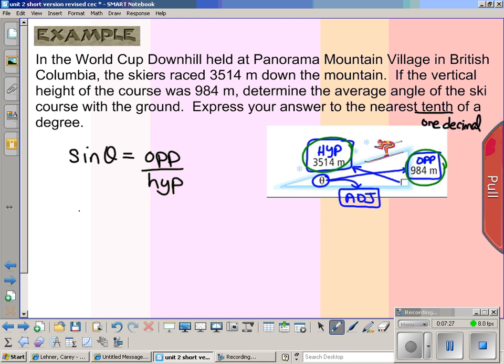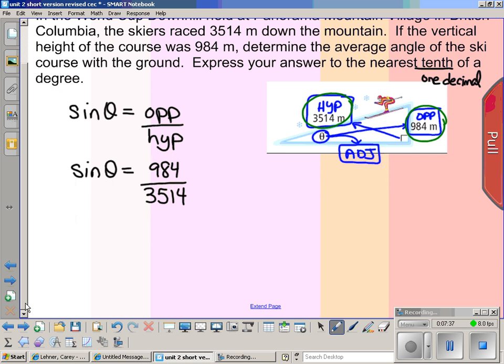So now we can substitute in the values we know. The opposite side is 984. The hypotenuse, 3,514. We have a ratio that we can evaluate. We can do 984 divided by 3,514. And now we can find our angle measure.